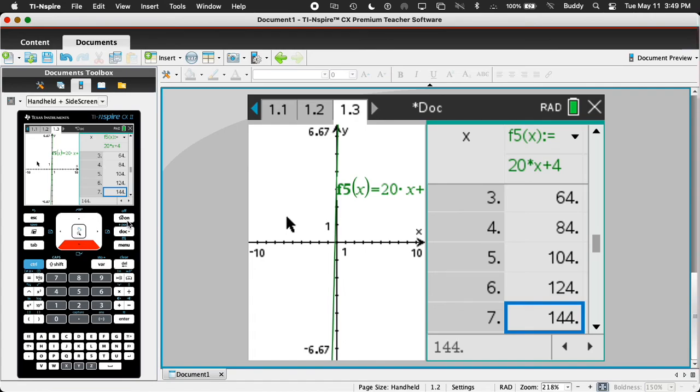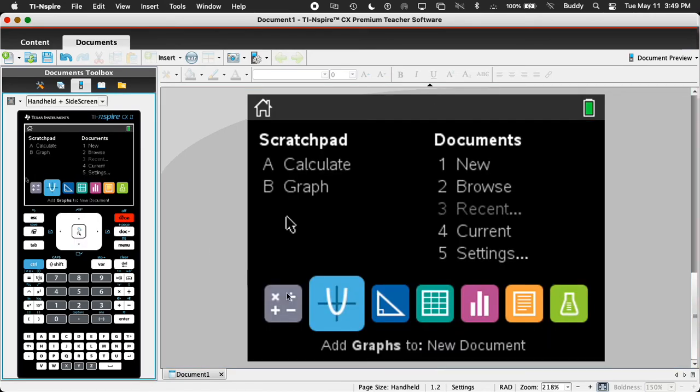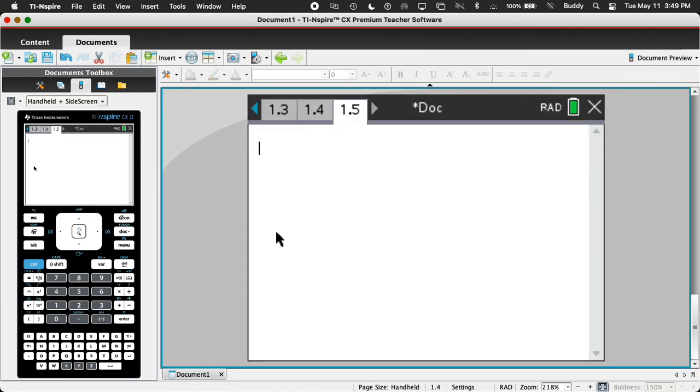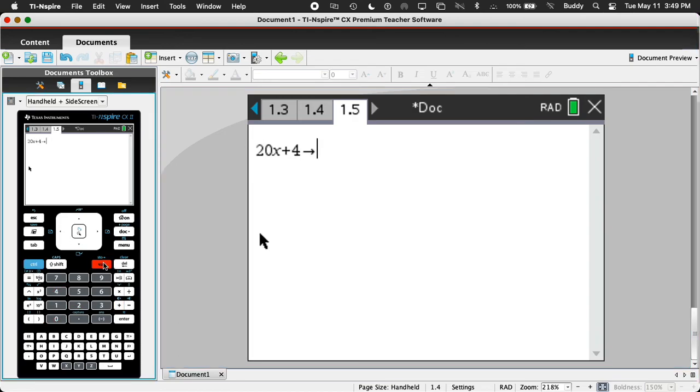I could have also, conversely, went to my calculator page. And I could have stored this as F5 of X. And then I could have just called up each one.